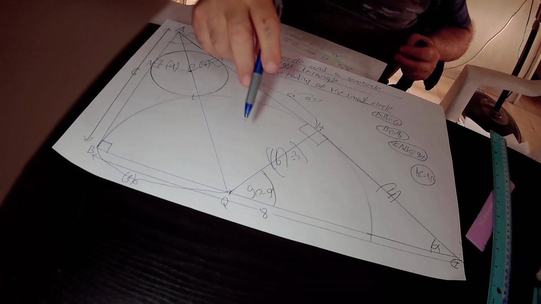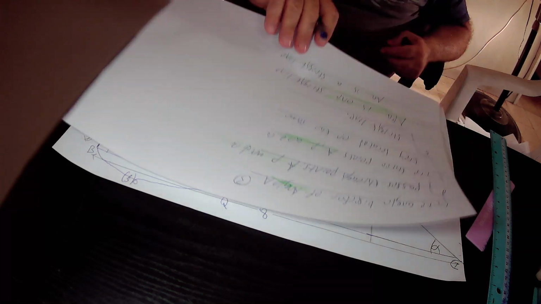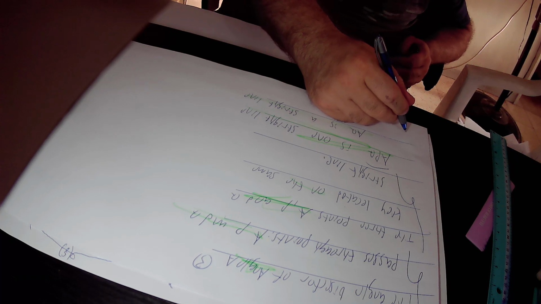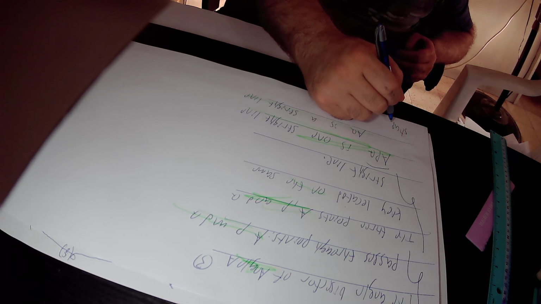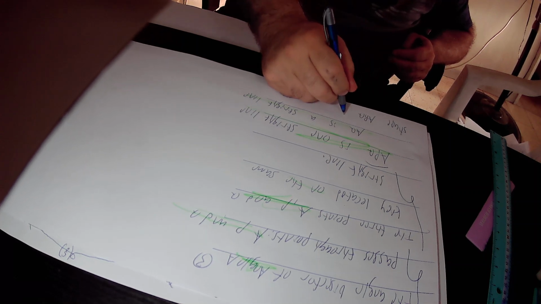Okay, if AQ is a straight line, it means that angle ABQ is a right angle. So I should have found out that angle ABQ is a right angle.